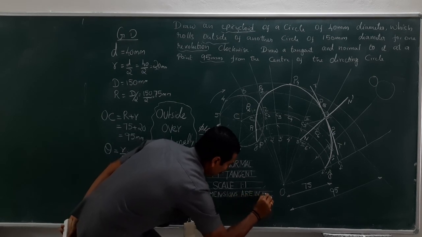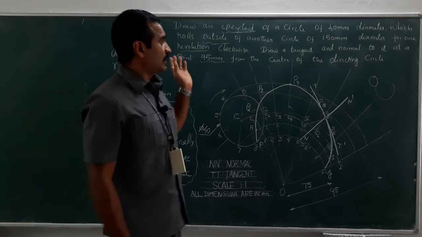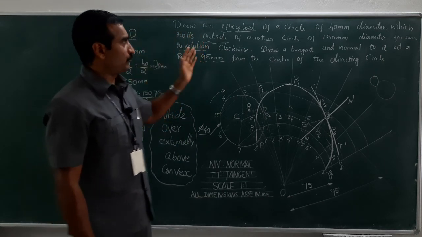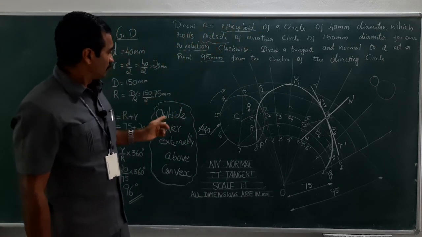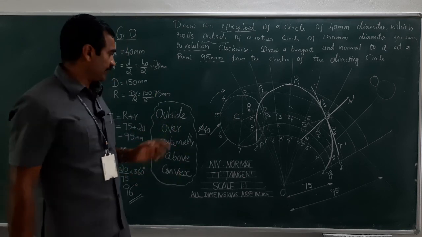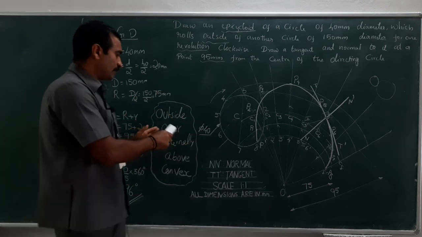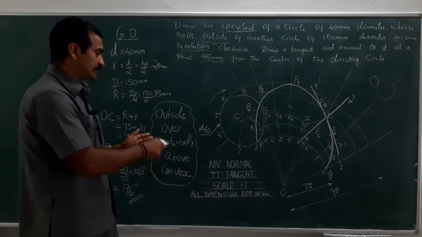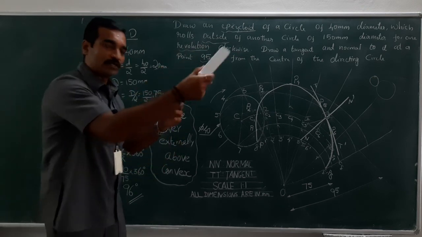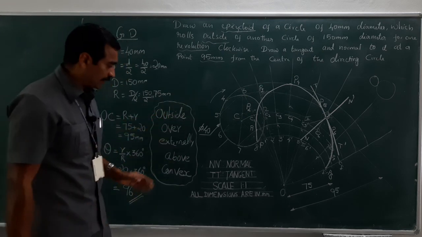Fine. So let me just recollect how to identify the epicycloid. If any word which reflects on the question, outside, over, externally, above, convex, that means a circle which rolls outside of another circle, or a circle which rolls over another circle, a circle which is externally rolling another circle, a circle which rolls above the circle, a circle which rolls on the convex side of another circle.